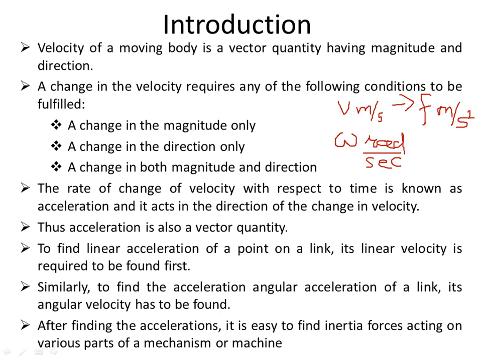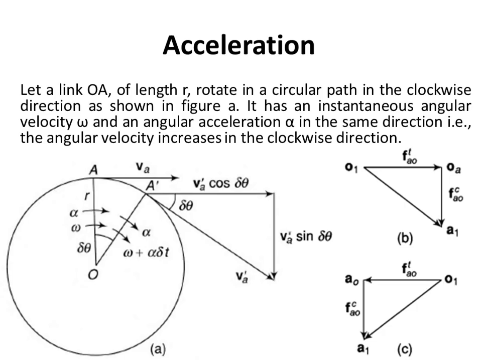Next, this omega will be replaced by alpha, that is angular acceleration, and it will be radians per second square. So remember, linear velocity becomes linear acceleration, and angular velocity becomes angular acceleration. Okay, so that we'll see now.